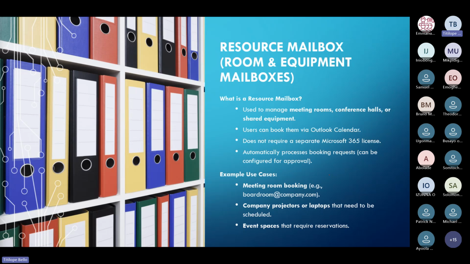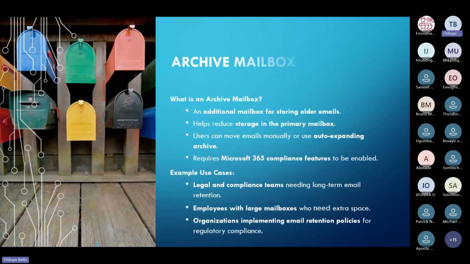That's the second type. The third type of mailbox is the archive mailbox. Archive mailboxes help to keep the primary mailboxes clean while ensuring that emails are still accessible at any time by the users. Remember, we said a user mailbox is personal to you.